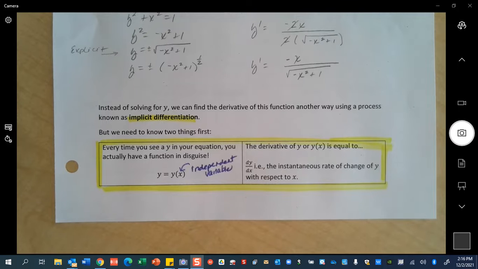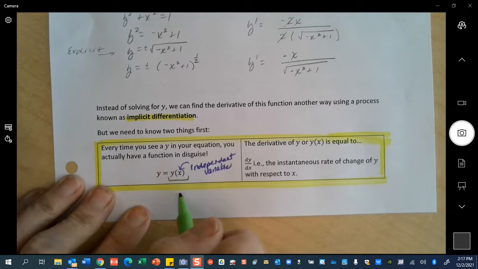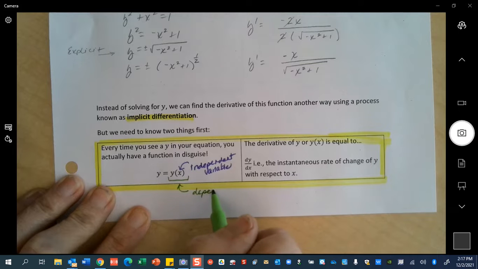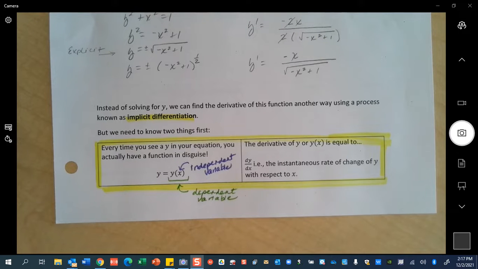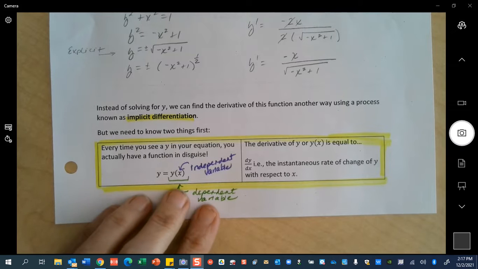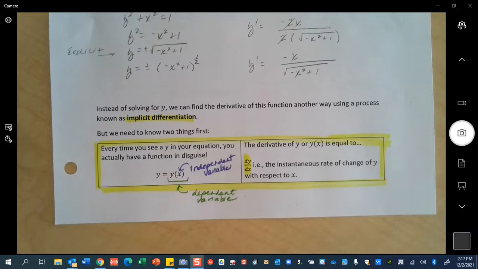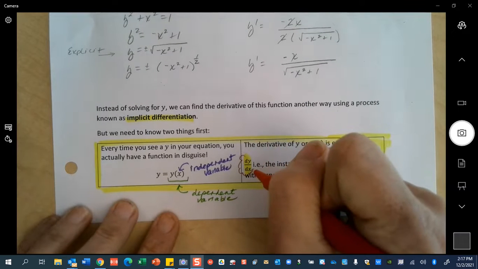That y that comes out is always our dependent variable, meaning without that x, we wouldn't have a y. So when we take the derivative of the y, or the output when the input is x, we are always going to write it as dy dx because we have that derivative of y with respect to x.